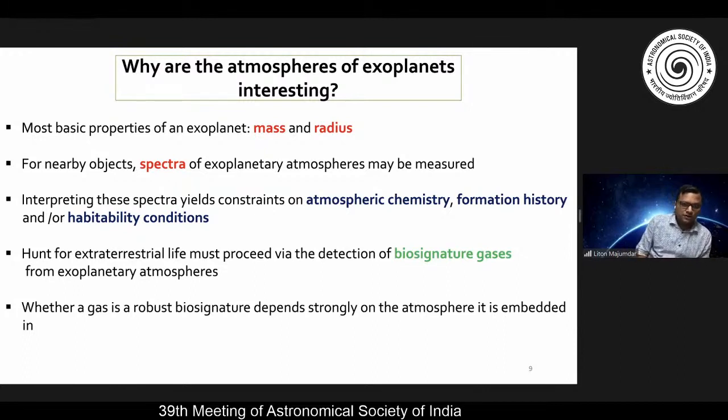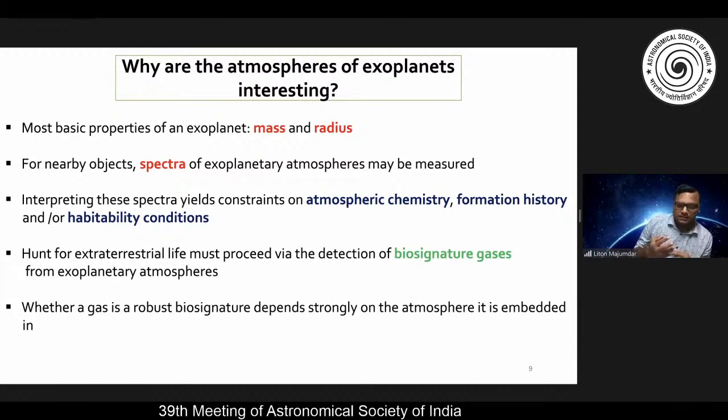One of the biggest goals of exoplanet hunting is the hunt for extraterrestrial life. That must proceed through the detection of biosignature gases in exoplanet atmospheres. And whether a gas is a robust biosignature depends strongly on the atmosphere it is embedded in.